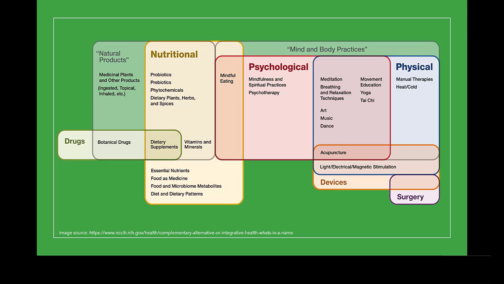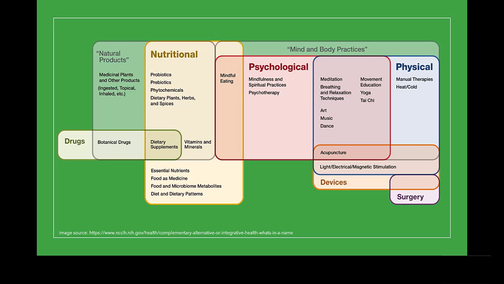So the National Center for Complementary and Integrative Health, a US-based organization, has created this model to understand how we can classify complementary medicine. These are the primary therapeutic inputs.